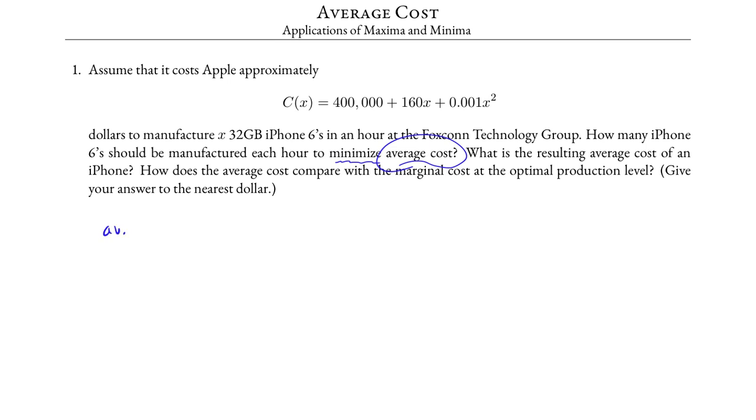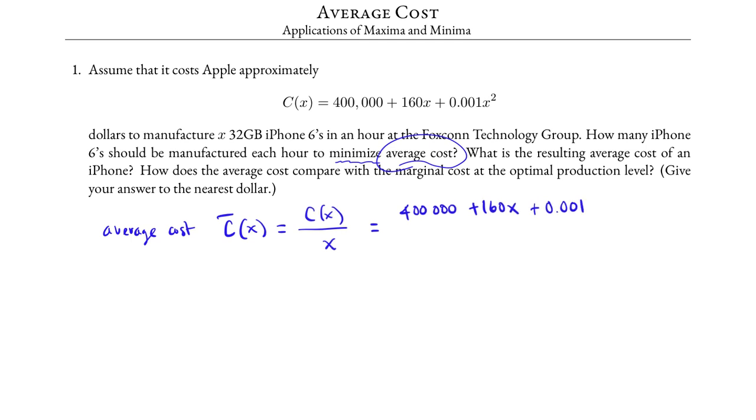Recall that the average cost C bar of x is the cost function divided by x, where the cost function is 400,000 plus 160x plus 0.001x squared, divided by x.